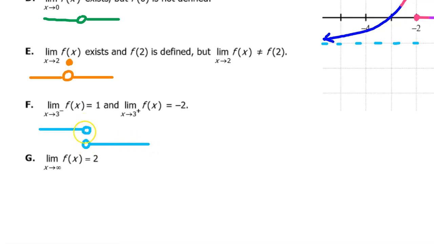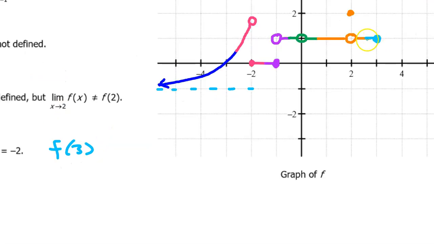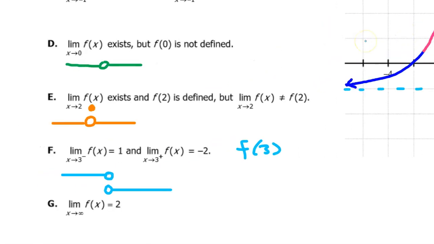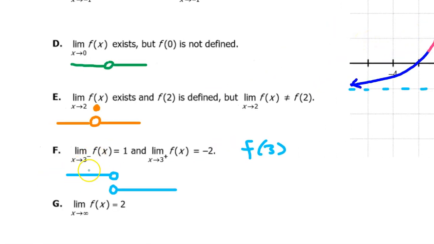It does not say what's happening at 3, so we can choose whether we want to just leave it undefined or if we want to make one of these a closed circle. That does not matter. So far, I've drawn this blue piece so that the limit as x approaches 3 from the left is 1. We are here at an output value of 1. So I've done this first part.